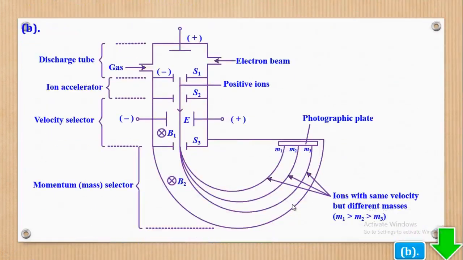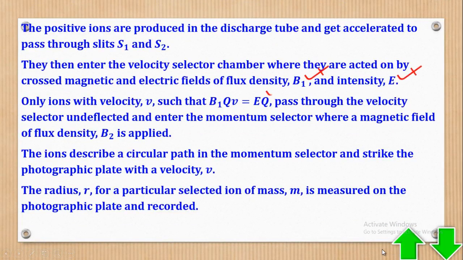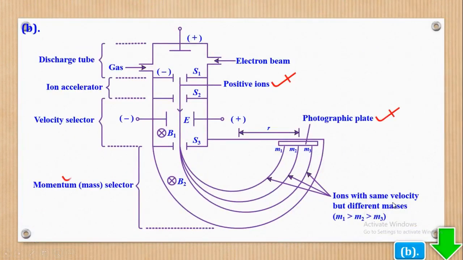So of these three, you choose one and measure the radius of the circular path, so that it will be r, which is this. So that is the marks for this slide, but the experiment is not yet complete. So let's also see marks for this diagram before we complete the experiment.